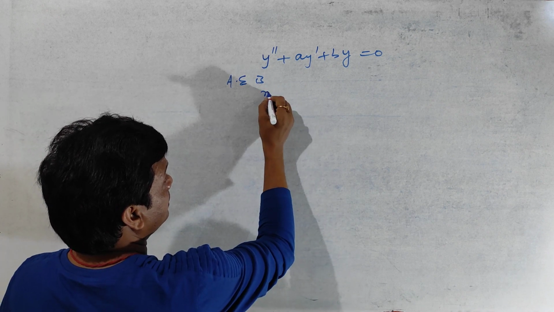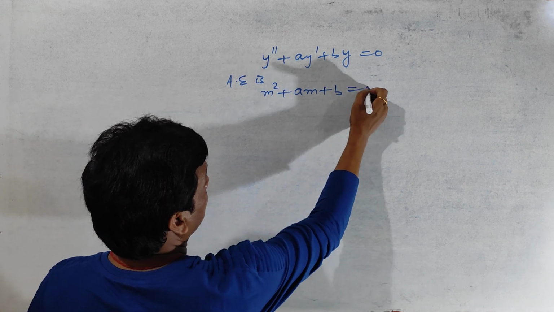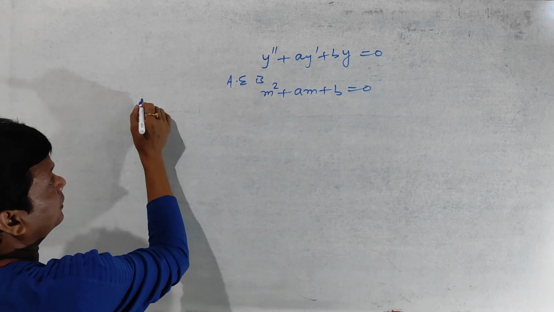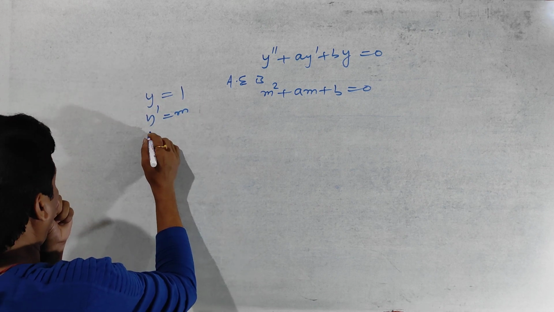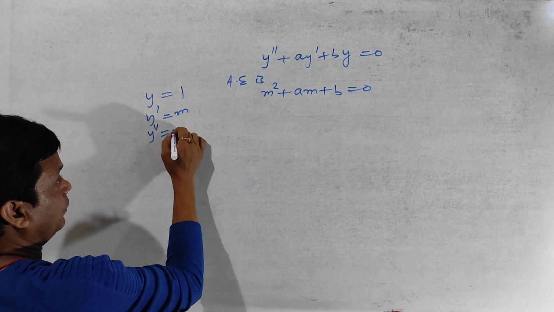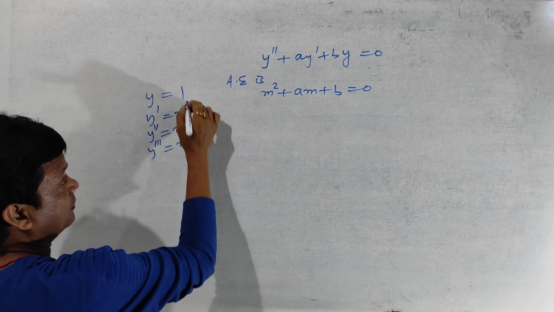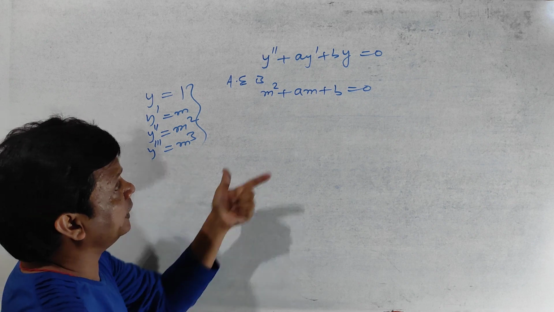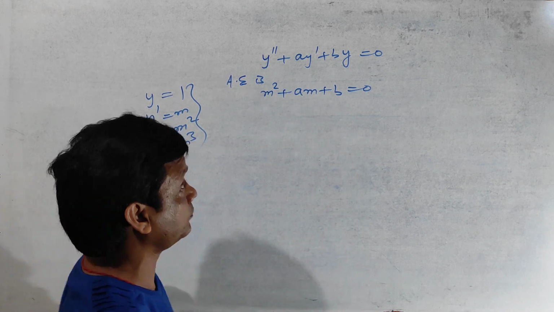The auxiliary equation is m square plus am plus b equal to 0. So how to write the auxiliary equation? Put y is equal to 1, y dash is equal to m, y double dash is equal to m square, y triple dash is equal to m cube, and like this. So that you will get the auxiliary equation or characteristic equation.